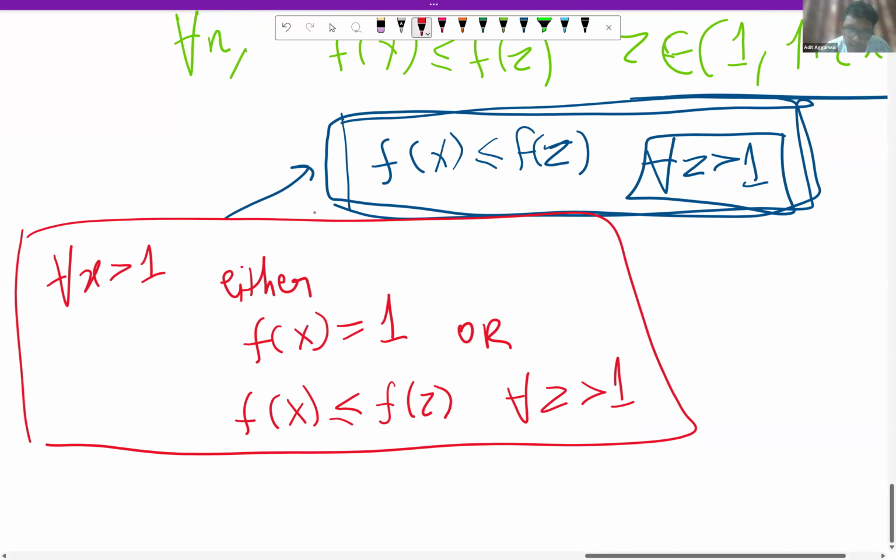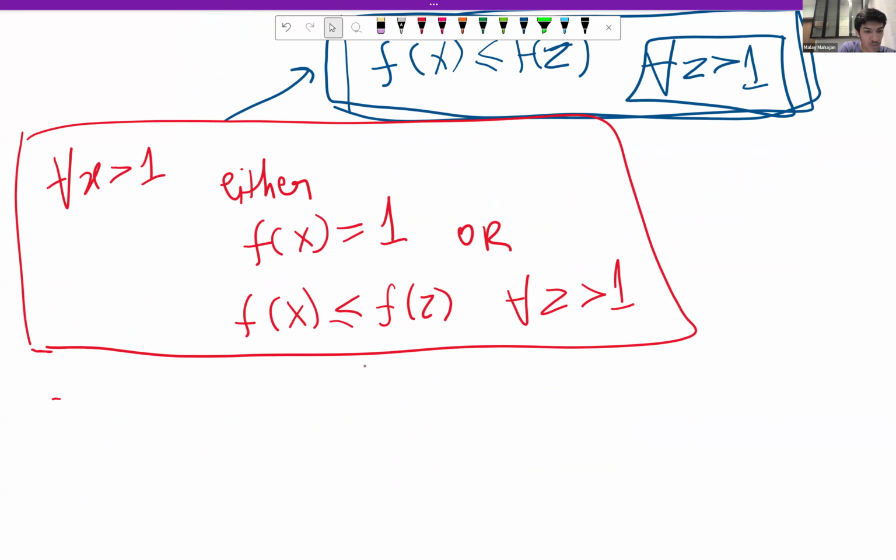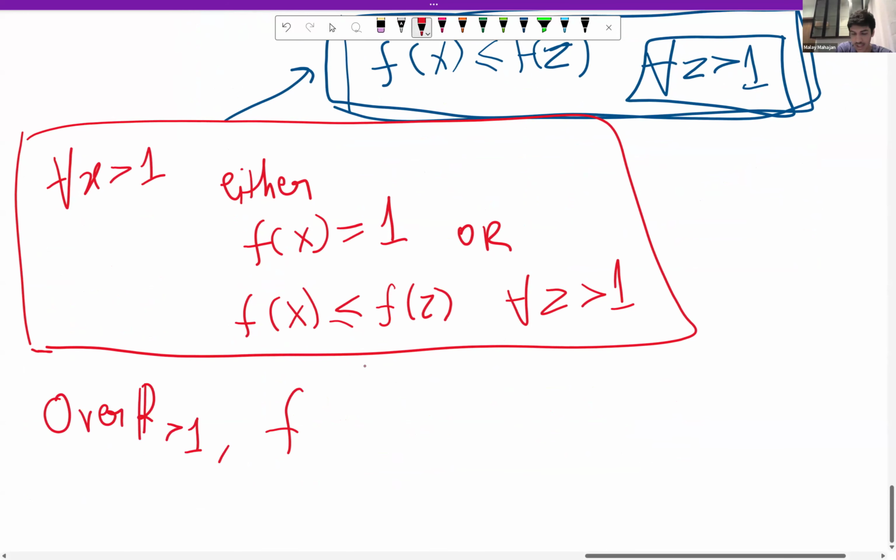So now we kind of have a pointwise statement, where we're dealing with 1 and some other constant C less than 1. Yes. So over reals bigger than 1, this is the next step: f takes at most 2 values.